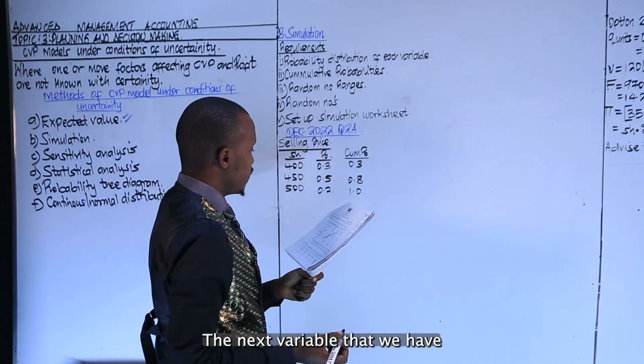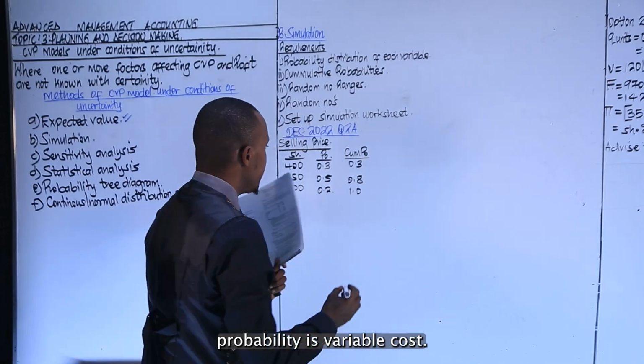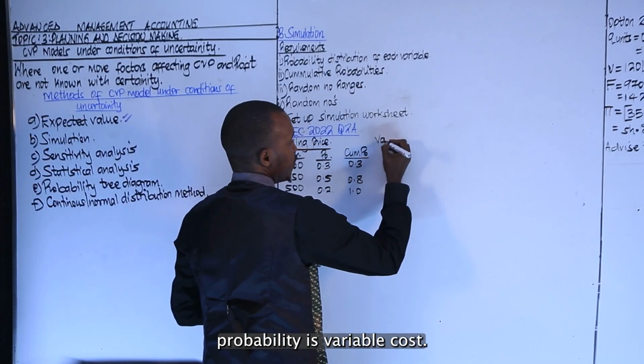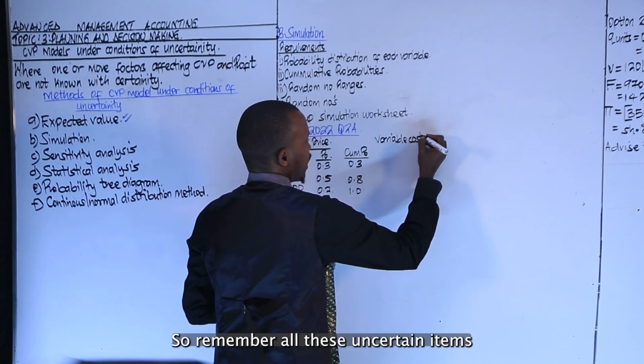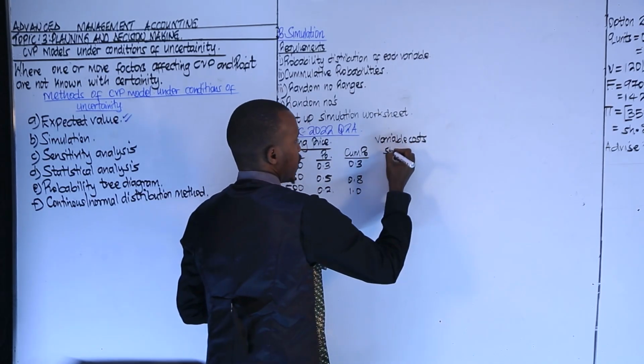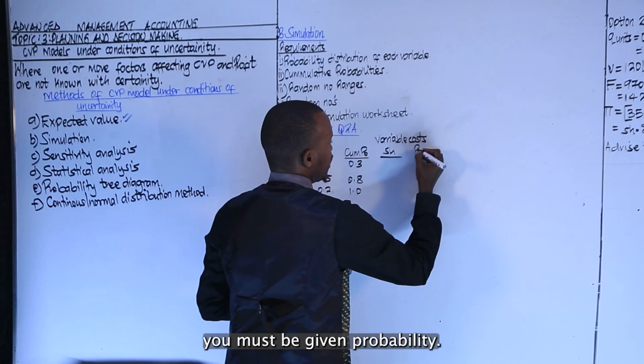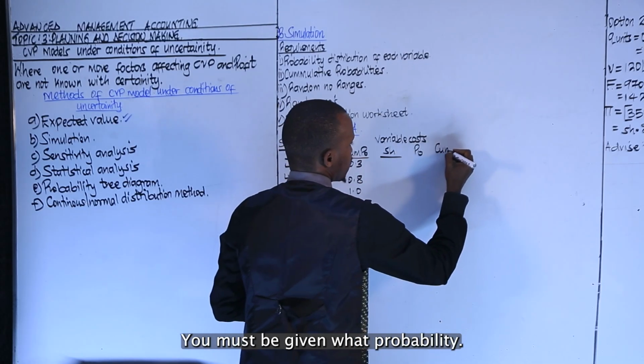The next variable that we have probability for is variable cost. So remember, all these uncertain items, you must be given probability.